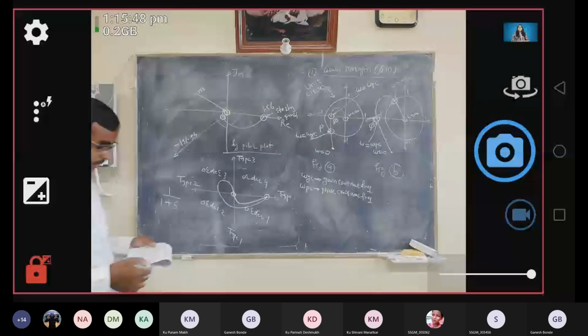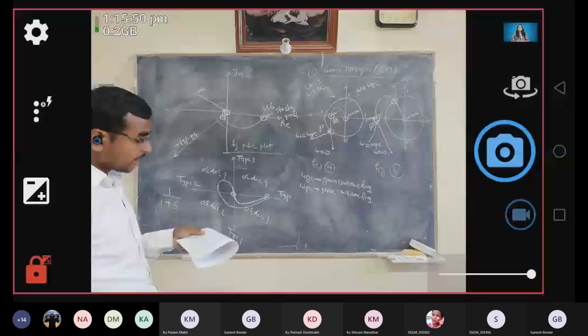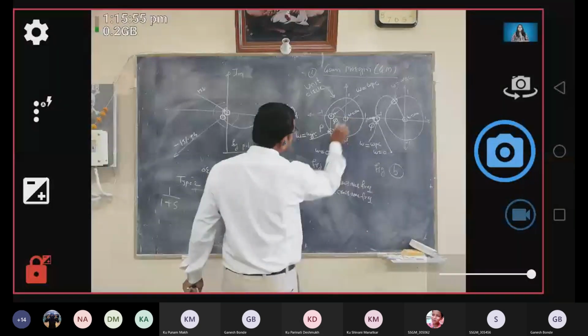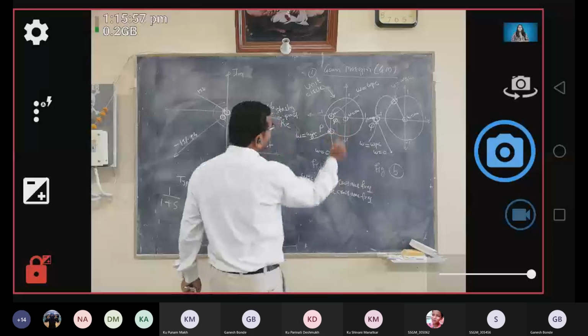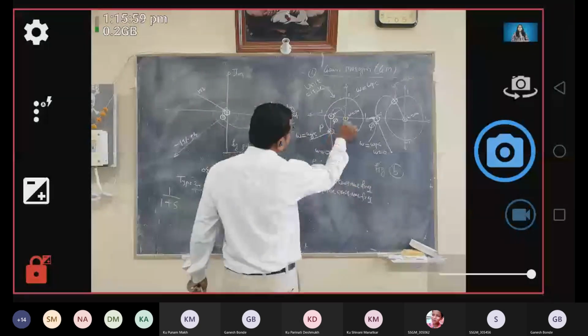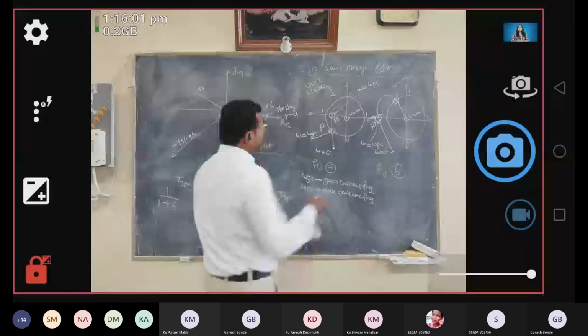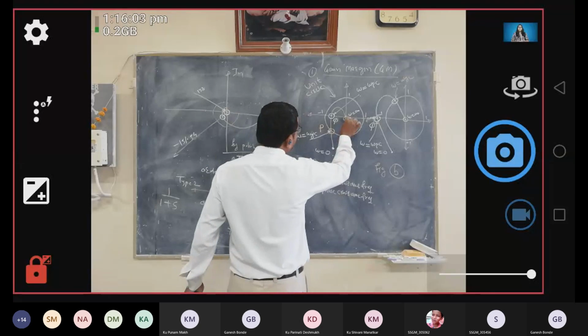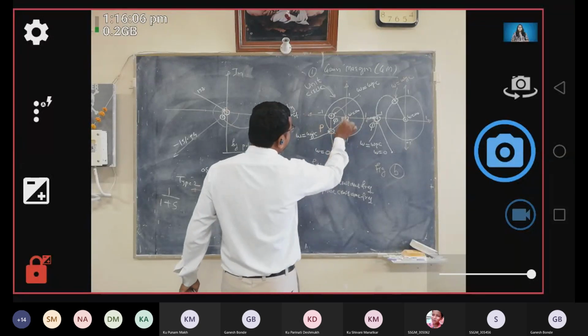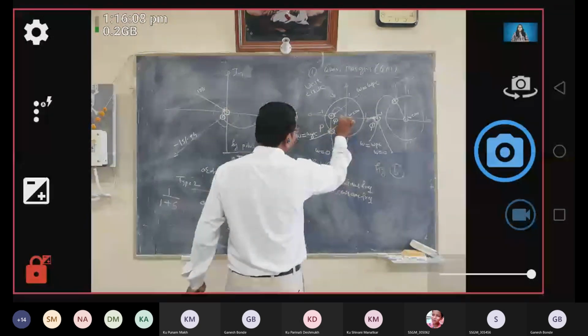Then where is the location of phase margin? You just join the origin to the point where your polar plot intersects the unit circle. So here you join this line, and this angle indicates the phase margin.